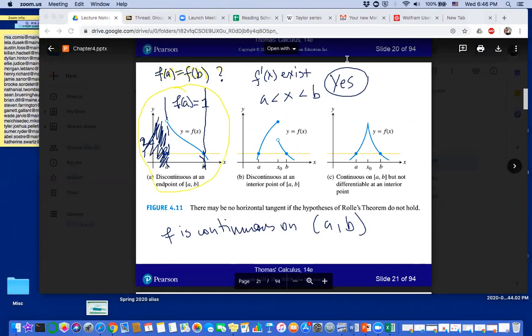All right, so it is true that it's continuous on (a, b), and yet, does the conclusion of Rolle's theorem hold? Is it true that there's some point c where the derivative is 0? True or not?